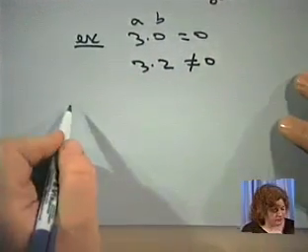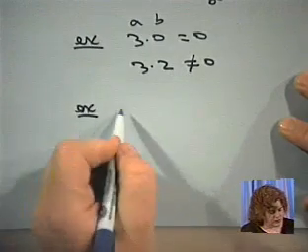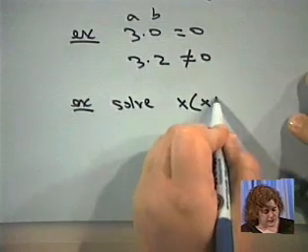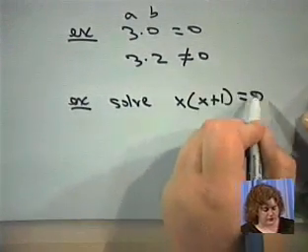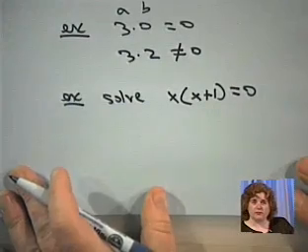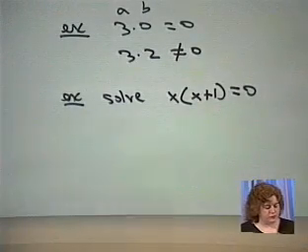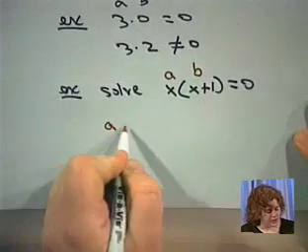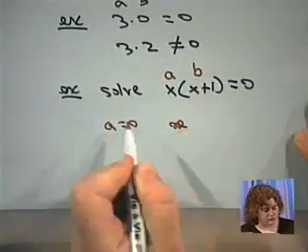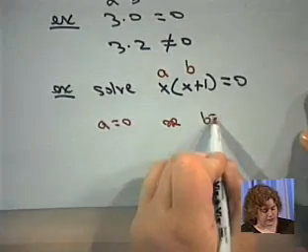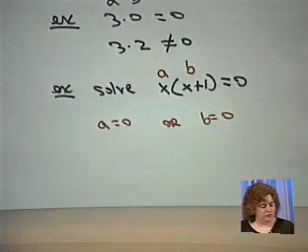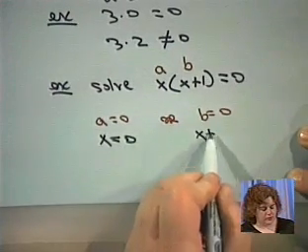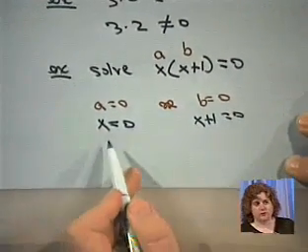And let's just look at something that's already factored. Let's solve x times x plus 1 equals 0. Well, from my zero factor property, that's going to be true if A equals 0, or it will be true if B equals 0. Well, that means it'll be true if x is equal to 0 or x plus 1 equals 0. There's nothing more to do with that.